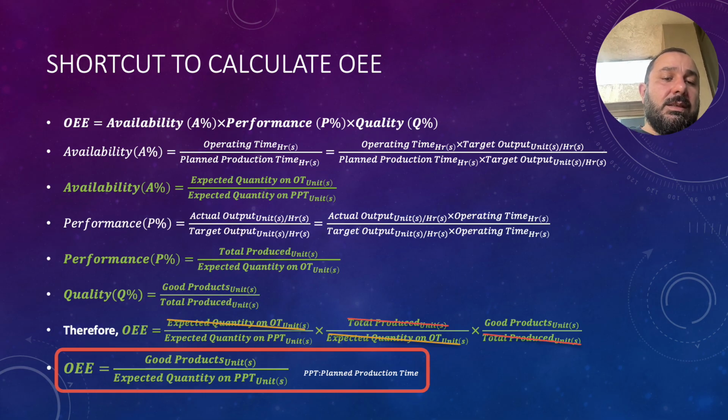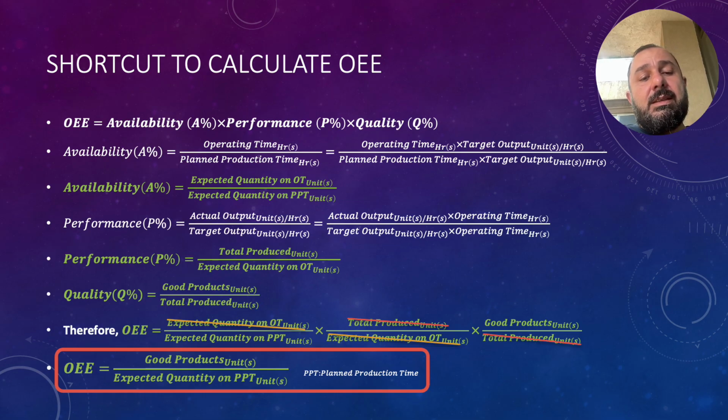In the performance, it is the same. If I have actual output over target output, and I multiply that with the operating time, it gives me how much total is produced, divided by how much expected output during the operating time. And the quality, as you know, is good products over total produced.